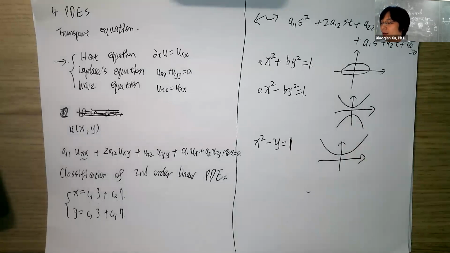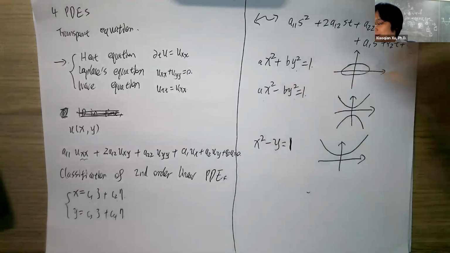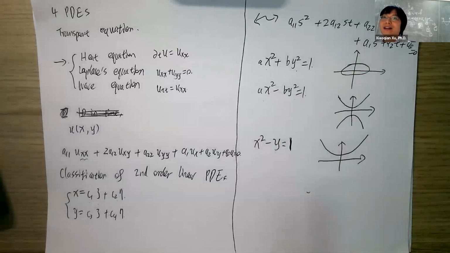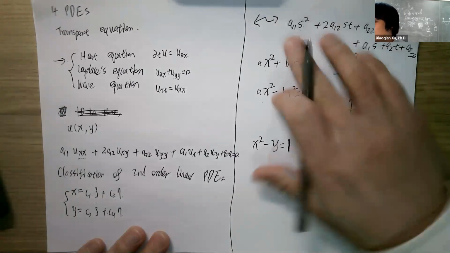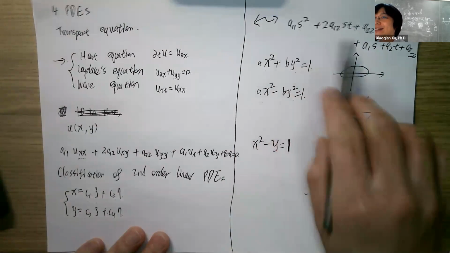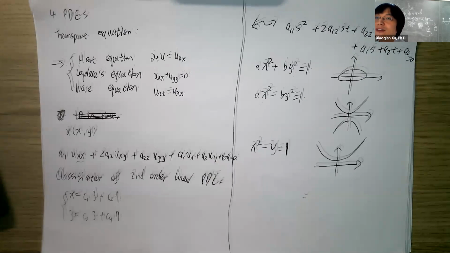So eventually you find that your curve, maybe I should say this is S, this is T, but let's abuse this notation a little bit for a moment. Then you can do some change of variables of S and T so that it can be either this one or this one or this one.